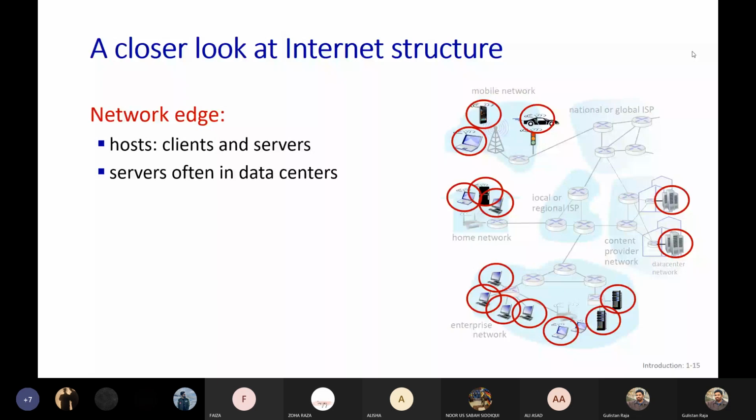The systems which are located at the edge of the network are known as end systems, right? So the network edge contains hosts, and hosts include clients and servers. Look at these encircled devices. They all are hosts, which include clients and servers.